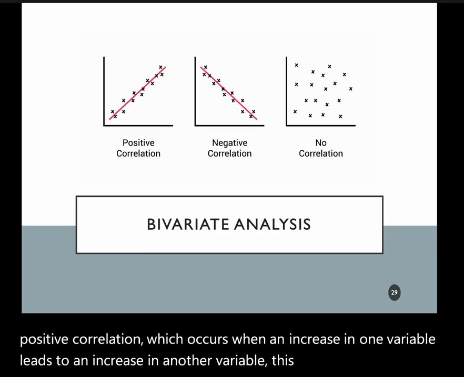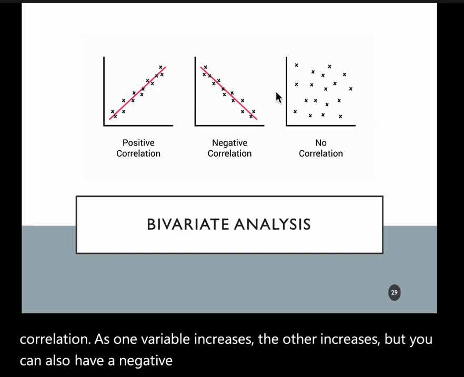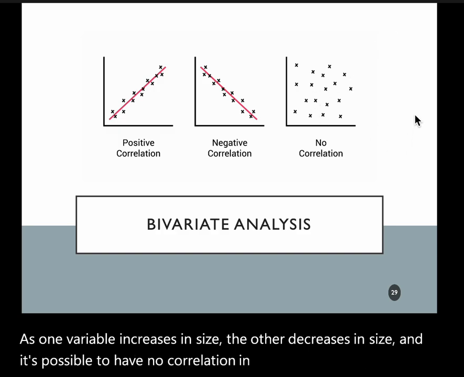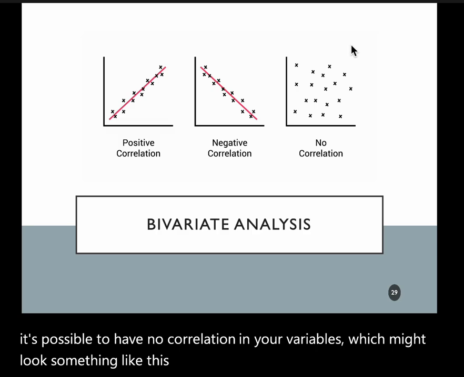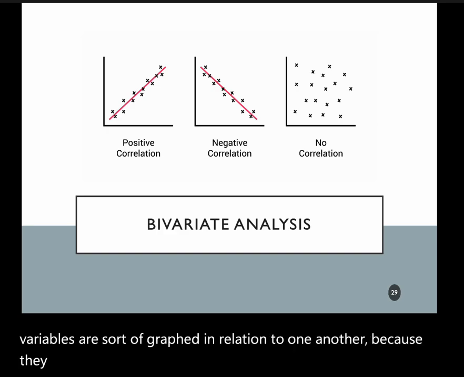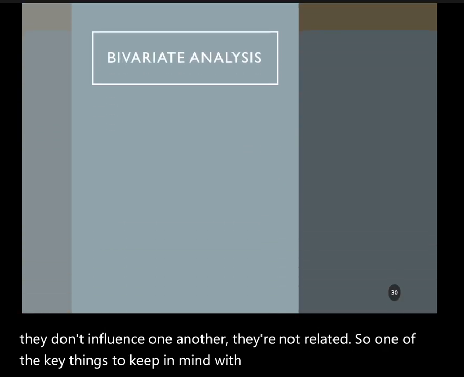As one variable increases, the other increases. But you can also have a negative correlation, which represents that as one variable increases in size, the other decreases in size. And it's possible to have no correlation in your variables, which might look something like this. There's no meaningful way these variables are graphed in relation to one another because they don't influence one another. They're not related.